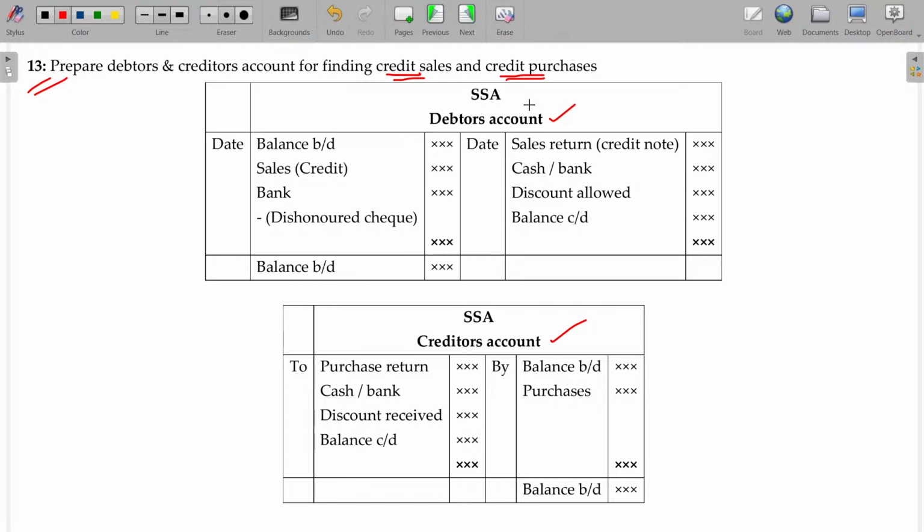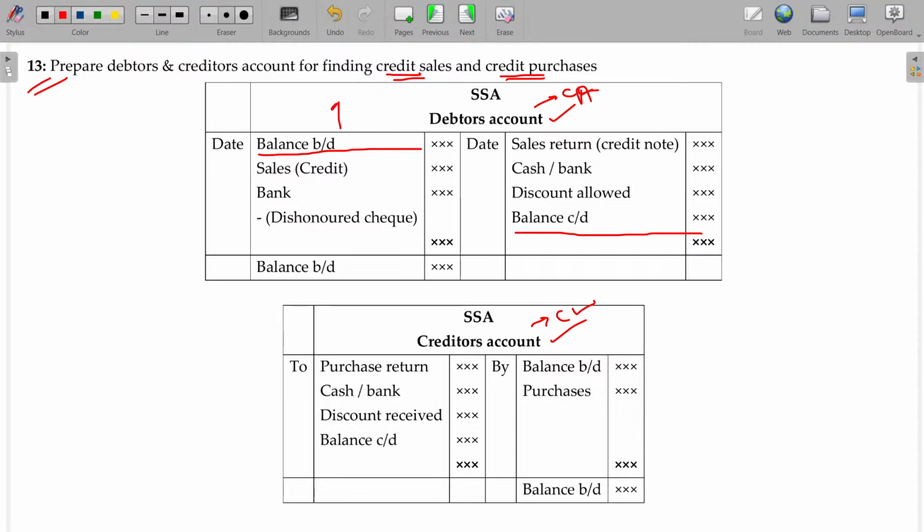Debtors being the current assets, receivables. Asset will have the opening balance, balance brought down, on the debit side and balance carried down should be on the credit side.